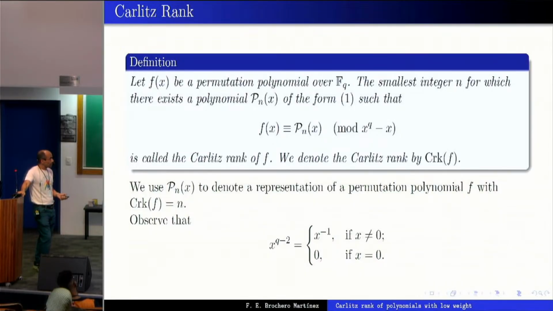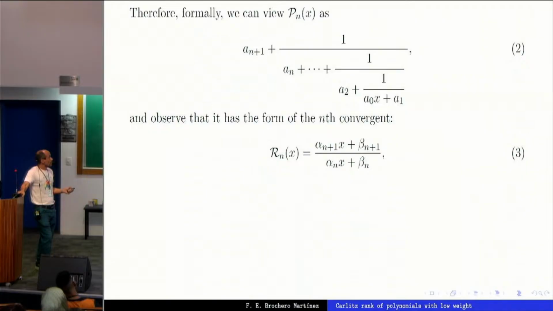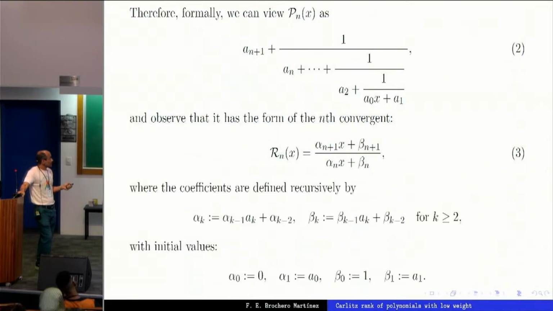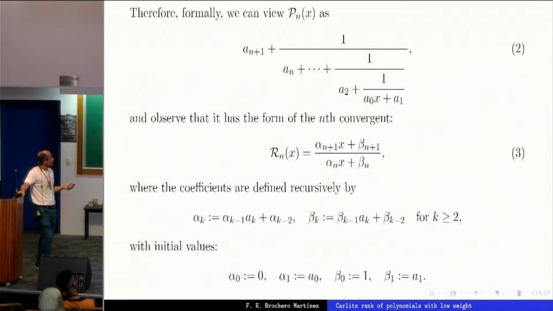Then we can represent the polynomial P of this form like a continued fraction. And following the theory of continued fractions, we can calculate the convergents of that fraction. The last convergent is this.